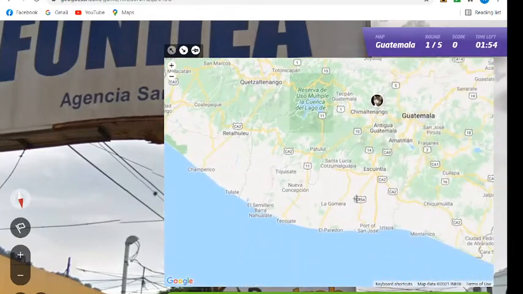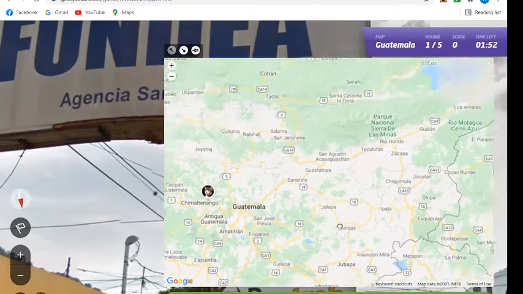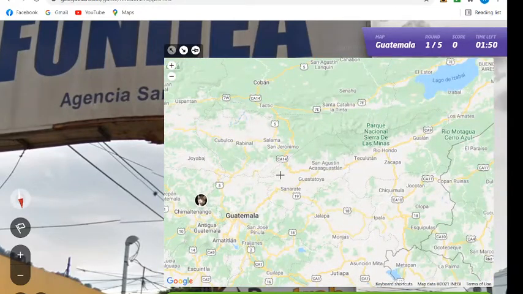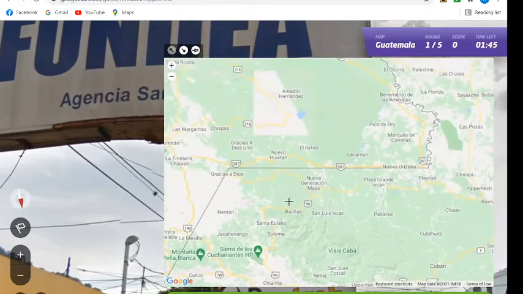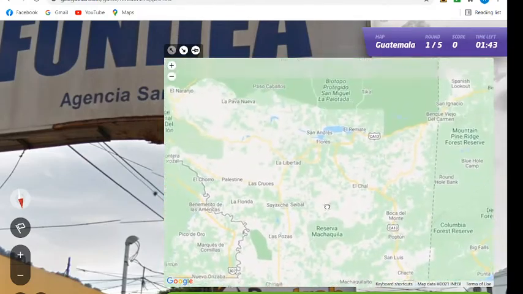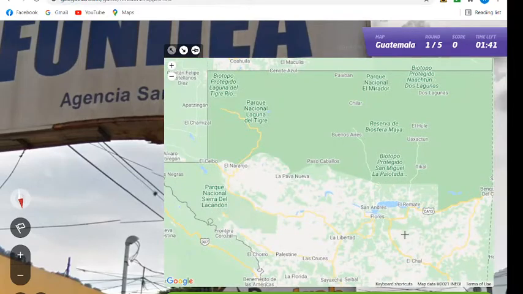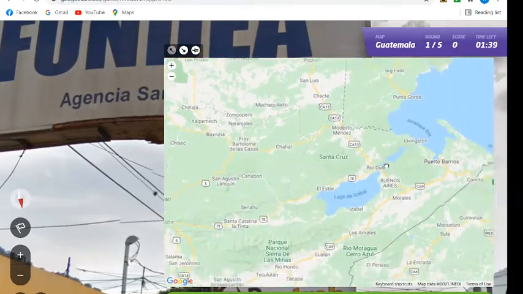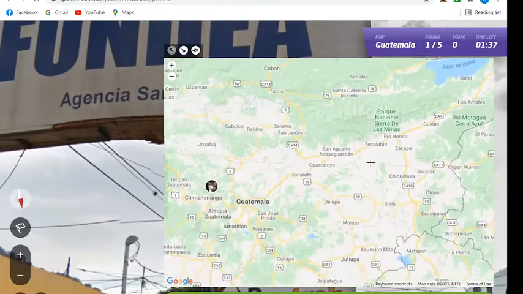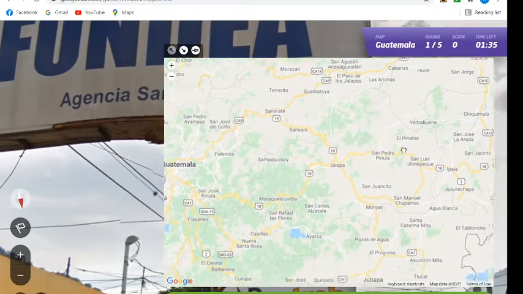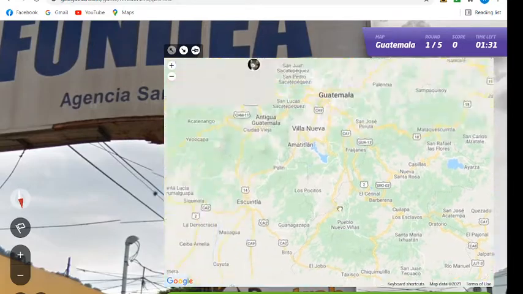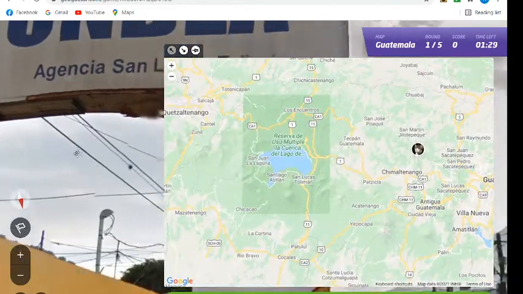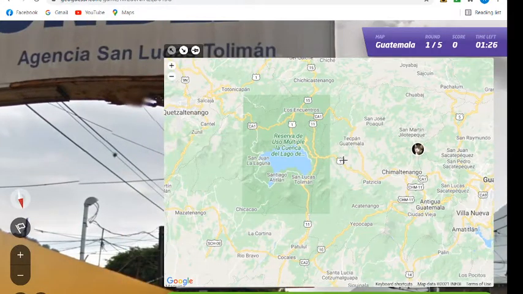Okay, so we do a quick look for San Lucas Toliman, which might just be Toliman on the map. Not seeing it. Okay, I'll do another zoom in on the more populated part, up on top of the hills here. Okay, so not finding anything.